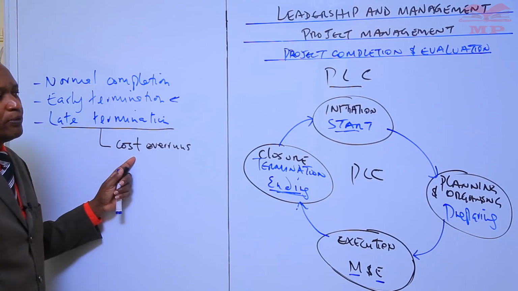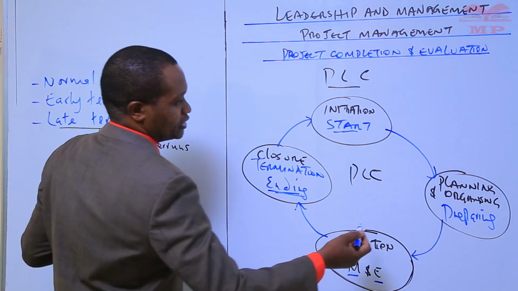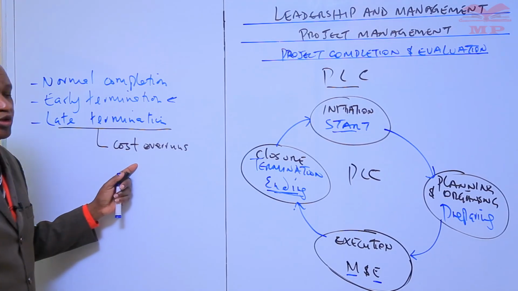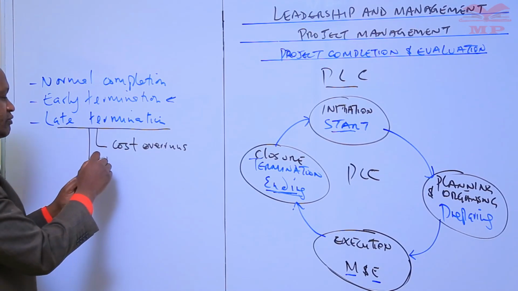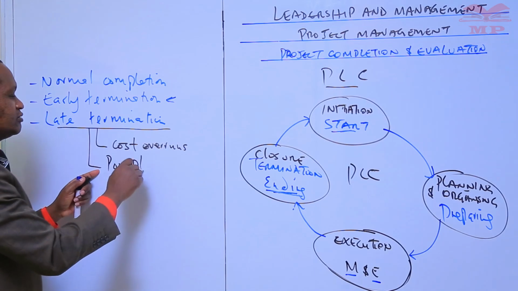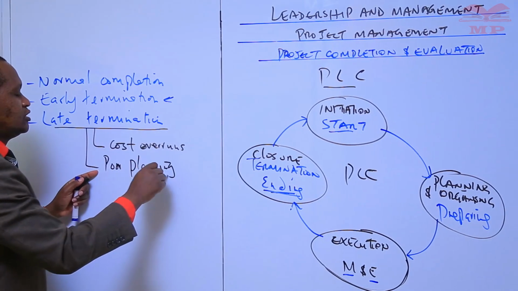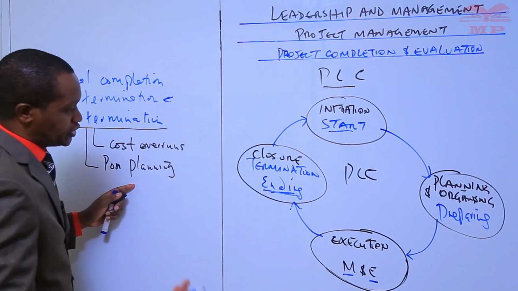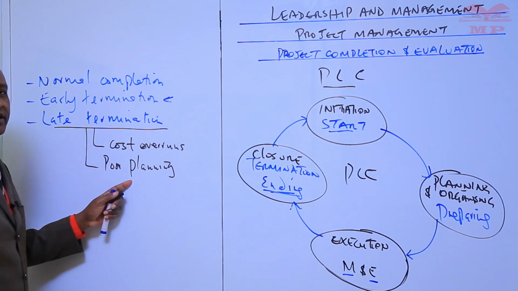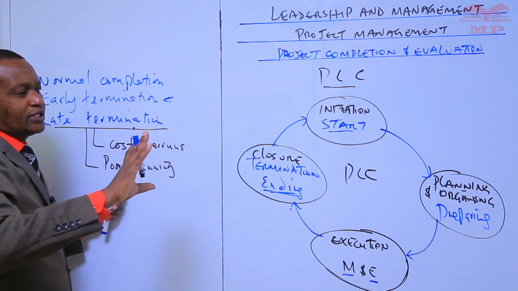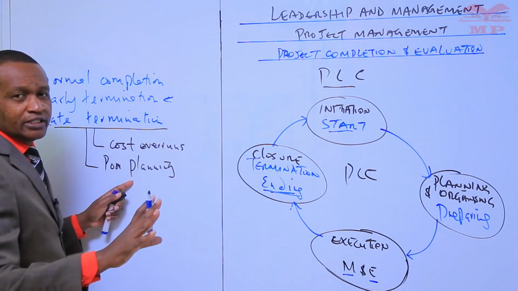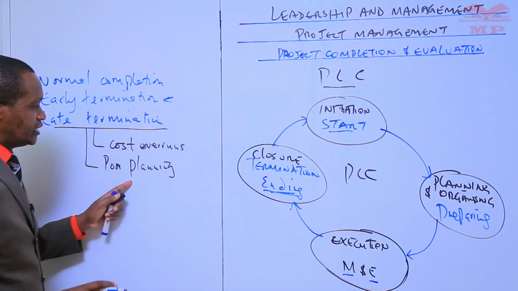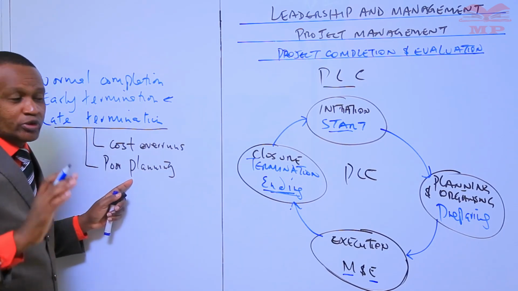Other reasons could be poor planning, where there is poor planning on, say, for example, procurement of materials. Because we said when discussing resourcing and costing, it's important that the company plans on when, where, and how to obtain the resources that are required to complete a project.